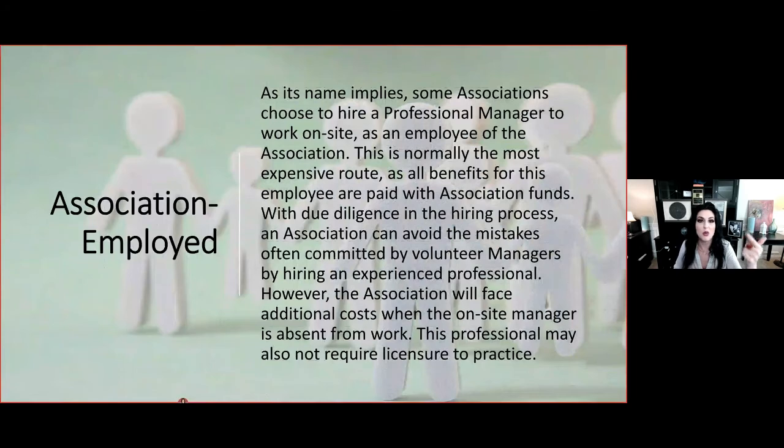Those persons are also qualified to manage more than one association. However, when you're dealing with an association employee, that is one person overseeing one association, they don't require a business license by GREC, okay, or the Georgia Real Estate Commission. So just make that distinction.